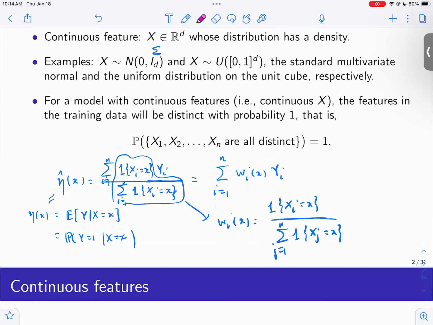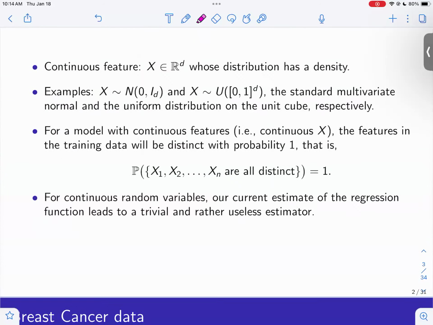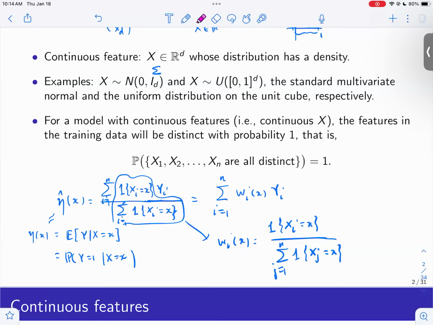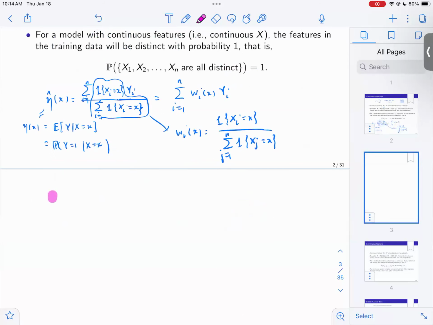So effectively this produces the following classifier.